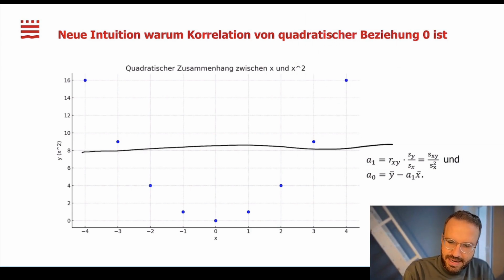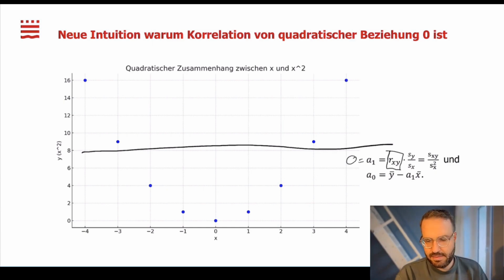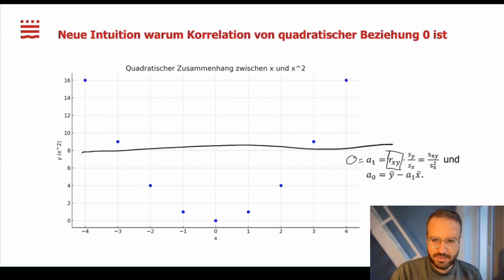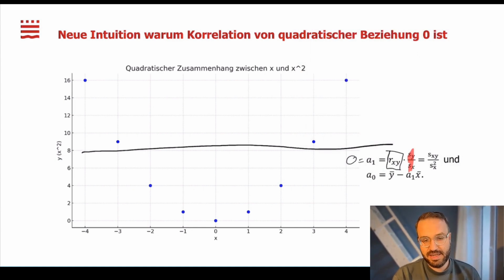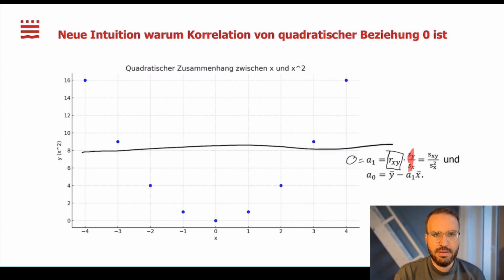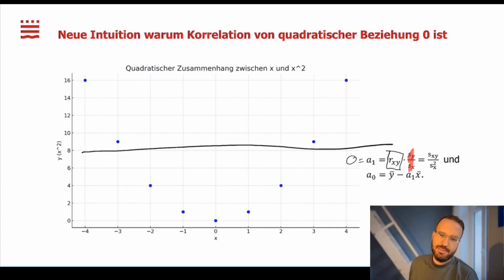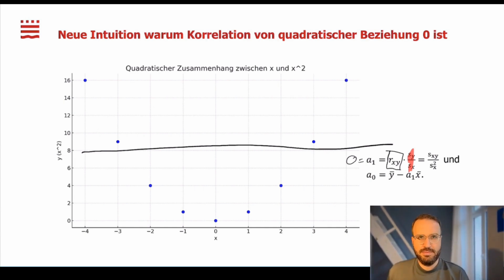Thus, a is 0, and that means nothing other than that our r must also be 0, because these two values here are not 0. And this is yet another justification, perhaps another intuition, as to why the quadratic relationship between x and y exhibits a correlation of 0.